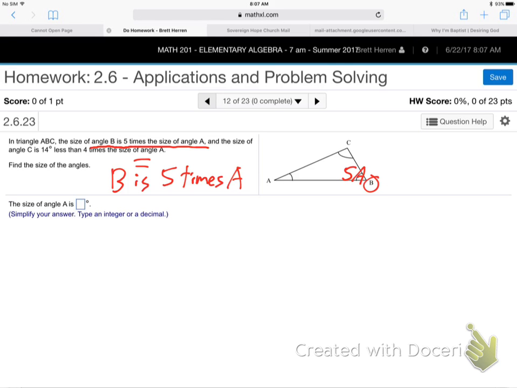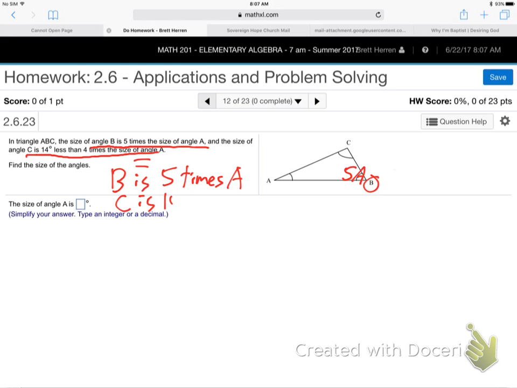Does that make sense? Angle B is 5A. Why is it not 5 plus A? Because it says times, so it has to be multiplied right next to it. We good there? And then can you do the same thing for C?